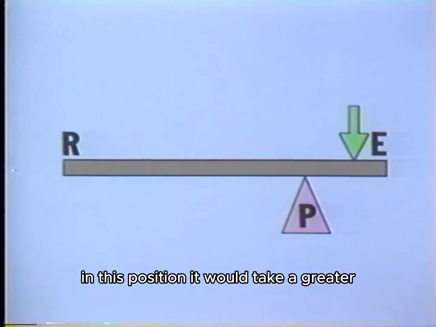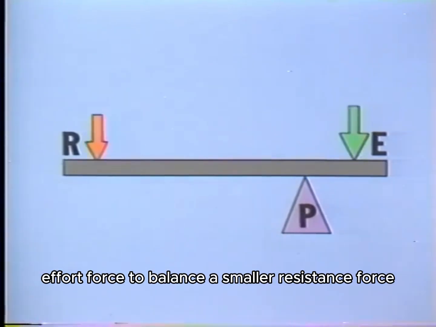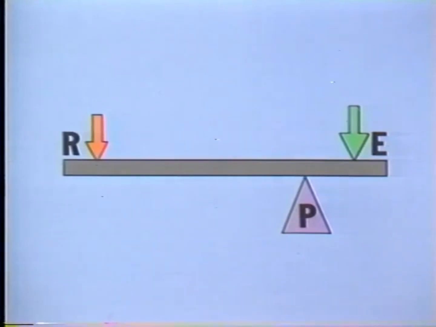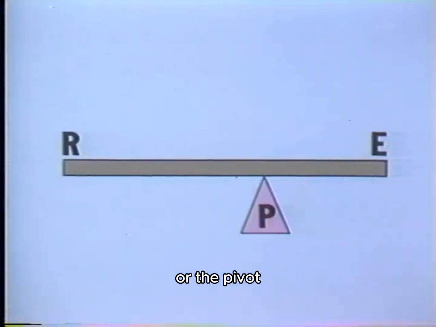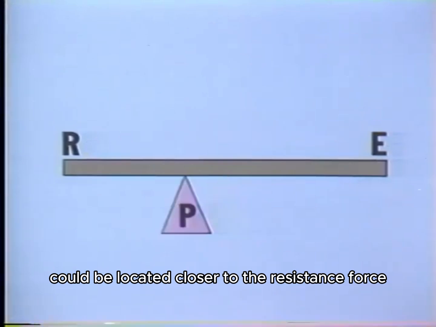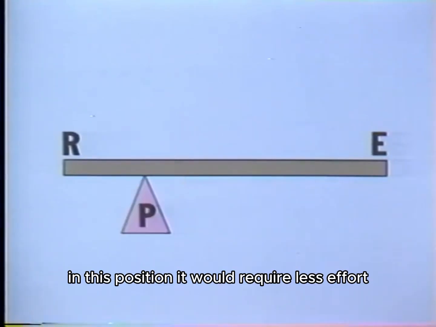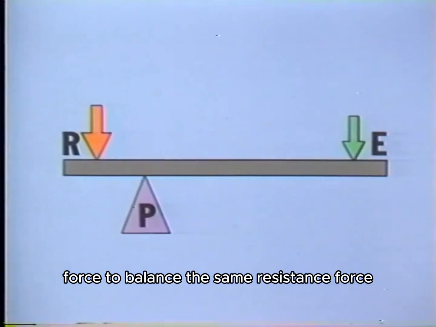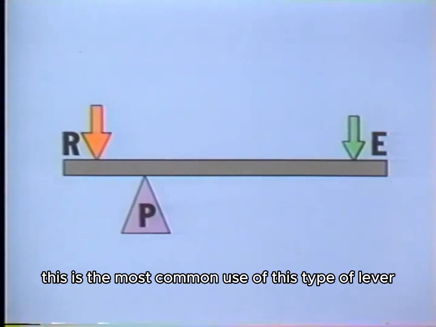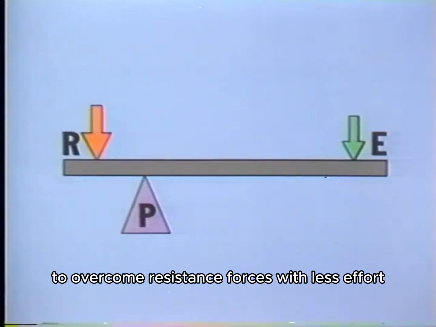In this position, it would take a greater effort force to balance a smaller resistance force. Or the pivot could be located closer to the resistance force. In this position, it would require less effort force to balance the same resistance force. This is the most common use of this type of lever, to overcome resistance forces with less effort.